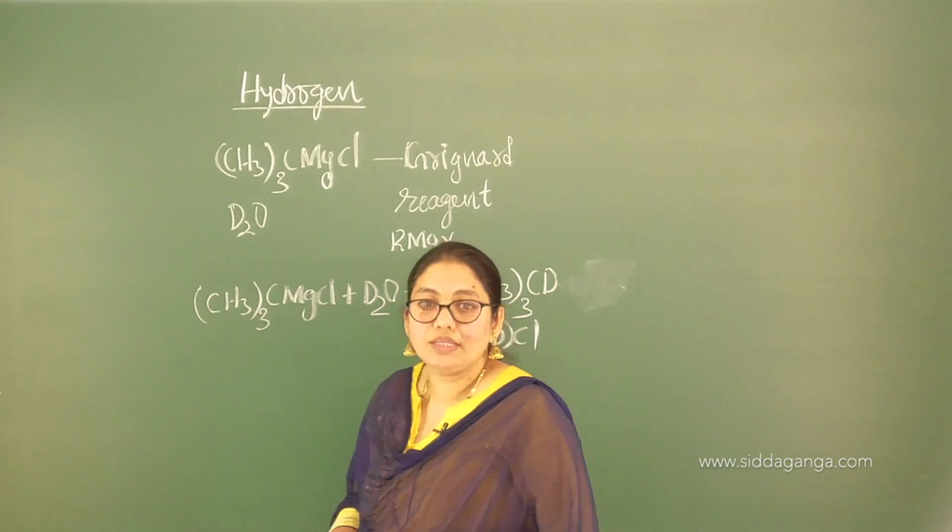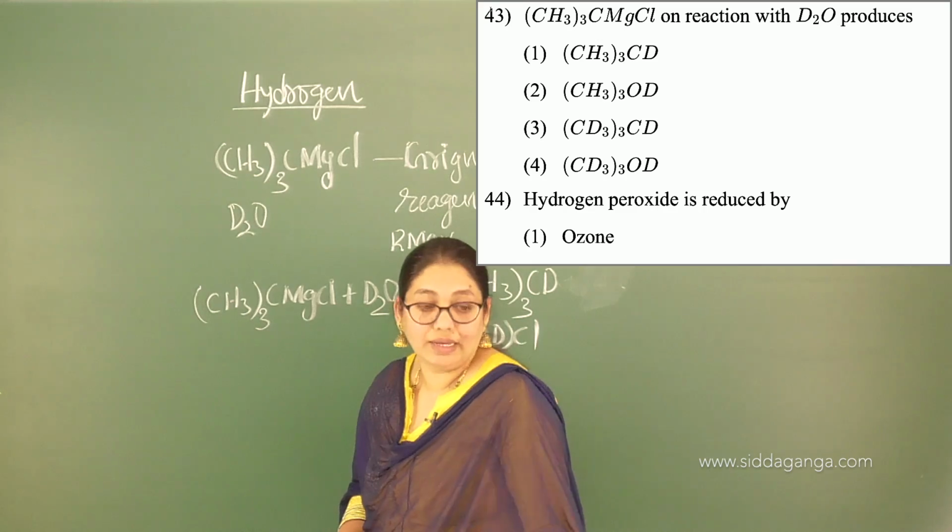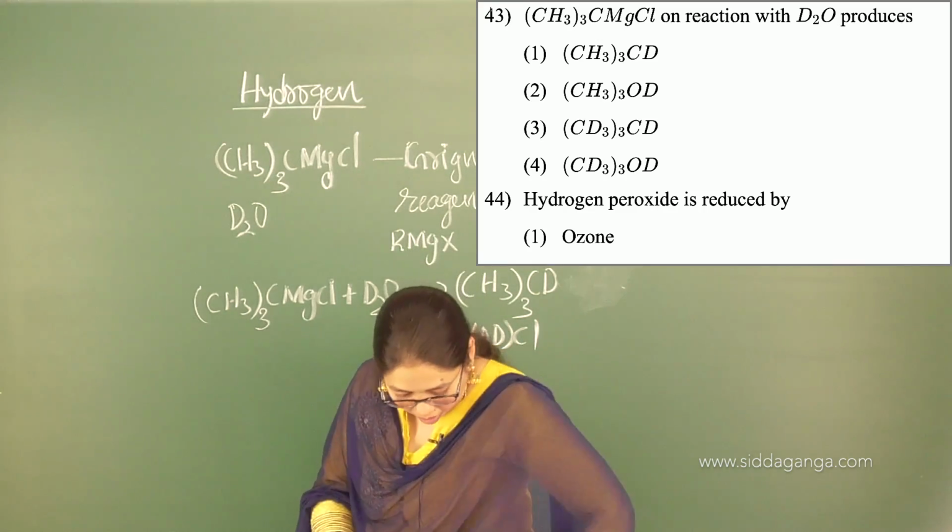Cl. So what is the answer for the question? That is option A, CH3 thrice CD, that is an alkane.